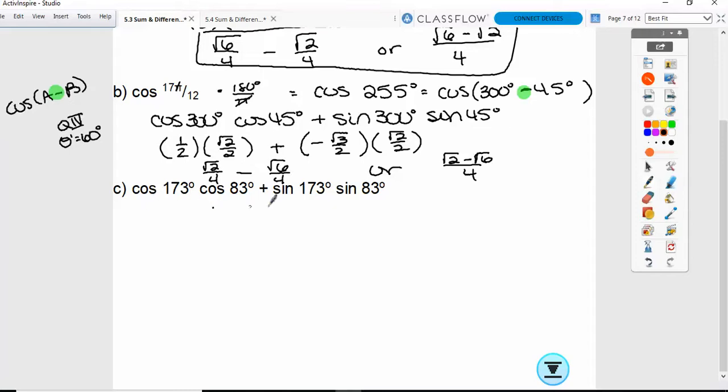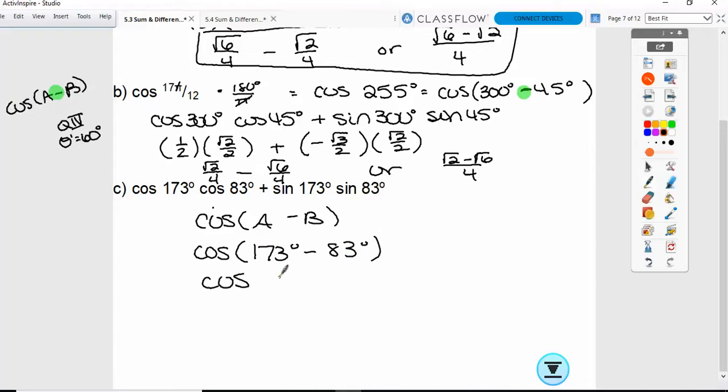This is like saying cosine A, cosine B plus sine A, sine B, isn't it? So that is the cosine difference formula, so the cosine A minus B formula. What is my A? And my B? So 173 minus 83 is 90, and what is the cosine of 90? 0.